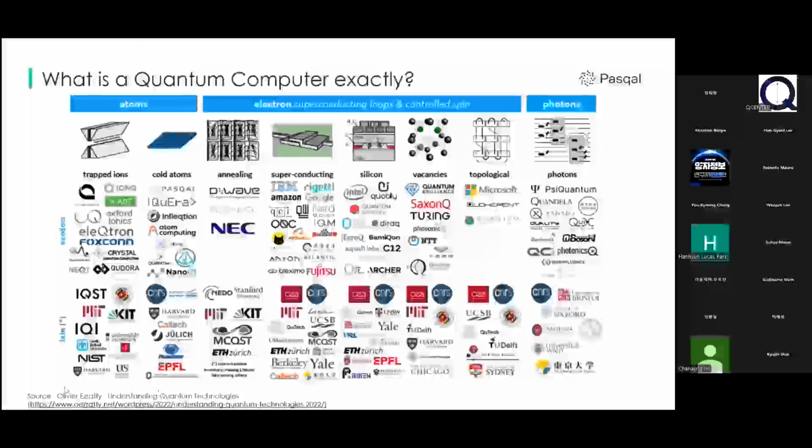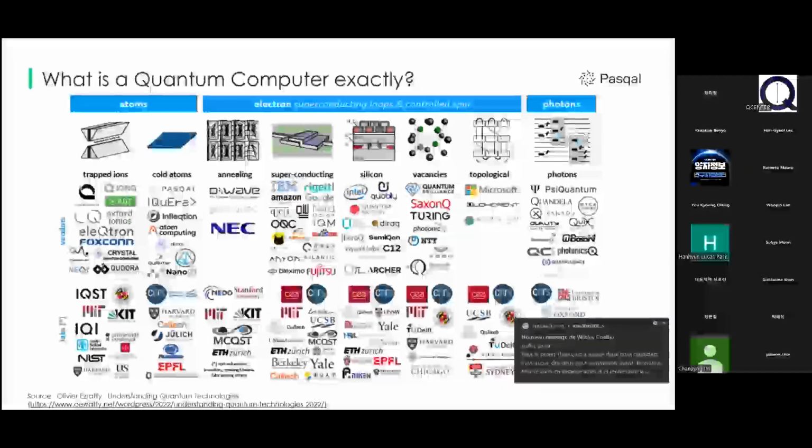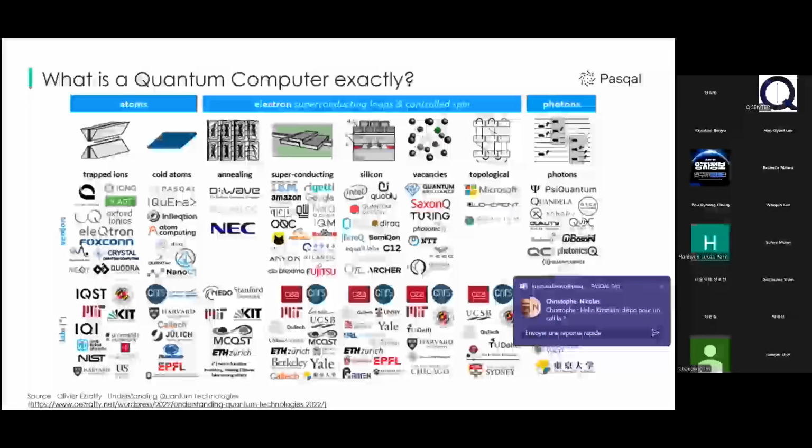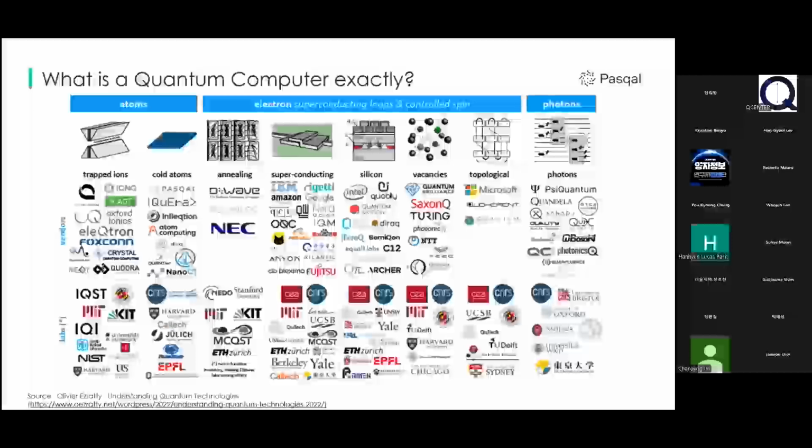On the bottom of the page, Understanding Quantum Technologies is a quantum report and overview that deals with everything from hardware to software and applications. So it's really an all-encompassing report. It's also 1,400 pages long, but it has a quite detailed description of where each of the technologies is. So that could be a good start. Otherwise, it's quite tricky because different hardware providers typically focus on their own technology only.